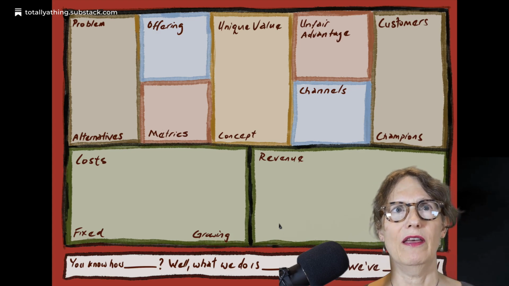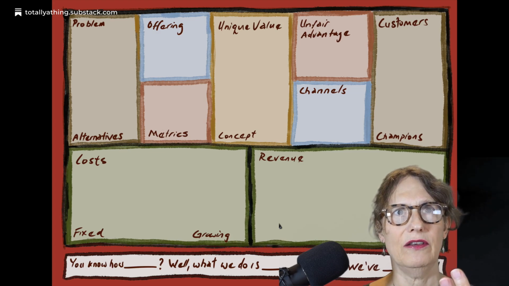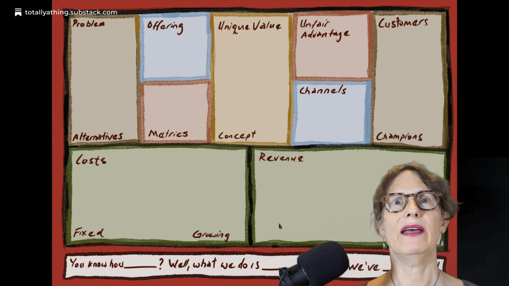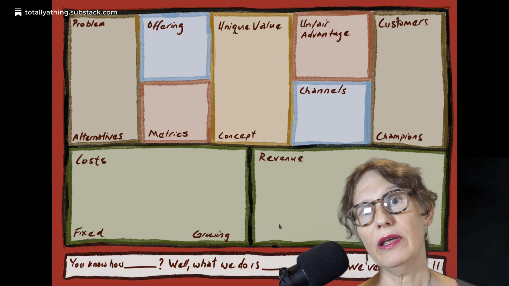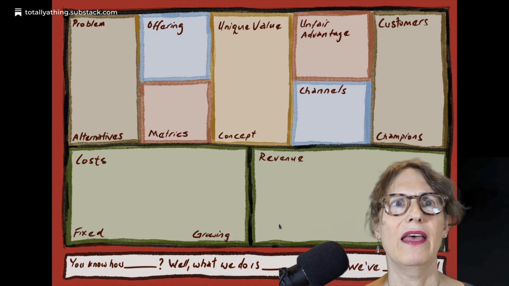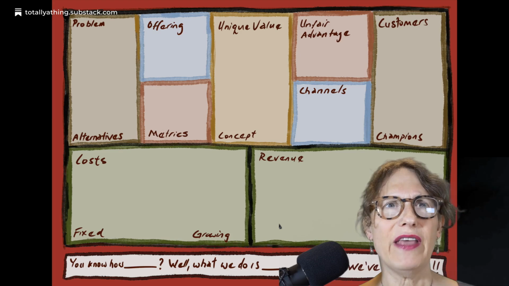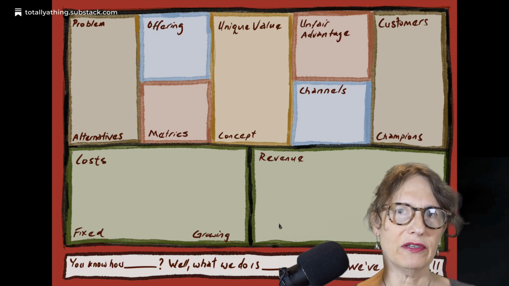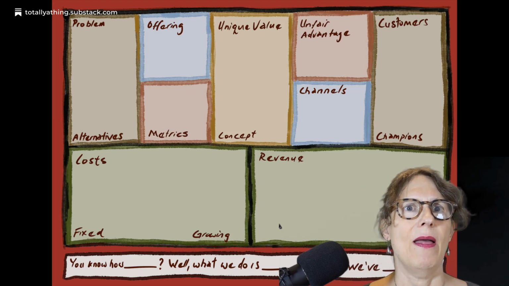So number one, you're going to do this canvas together with your team. The second is you're going to do it with buy-in. You've got your team. By the time you walk away from that session where you're going through this canvas, everything on that sheet should be something that you all have committed to putting into the pot, right?